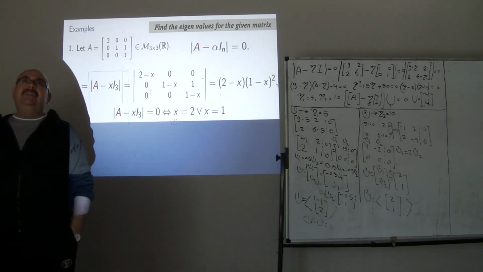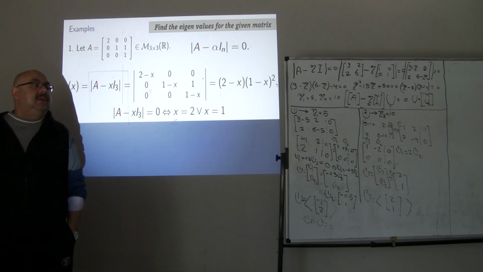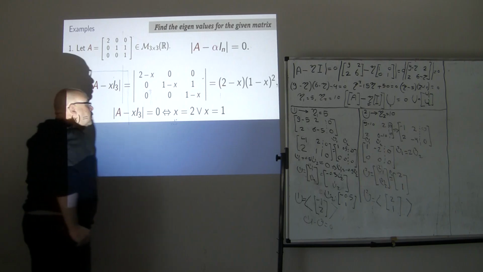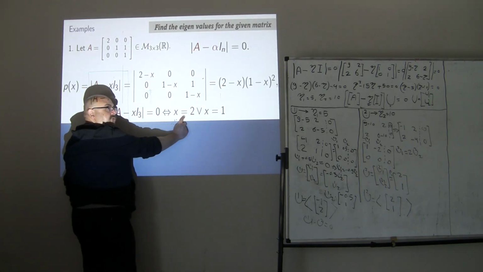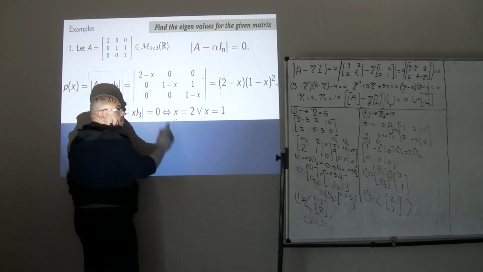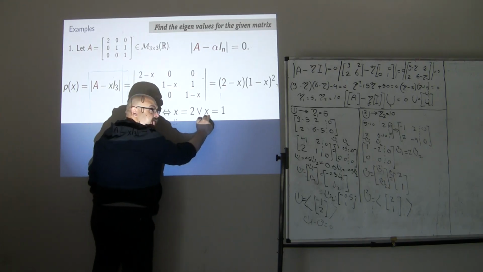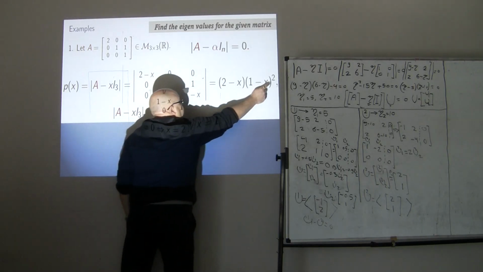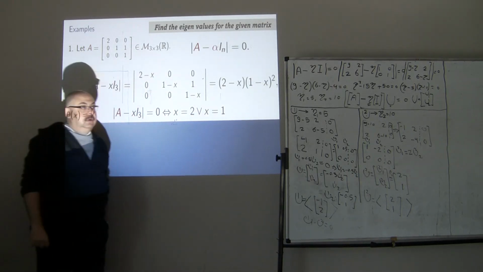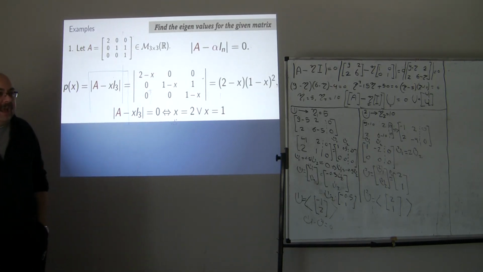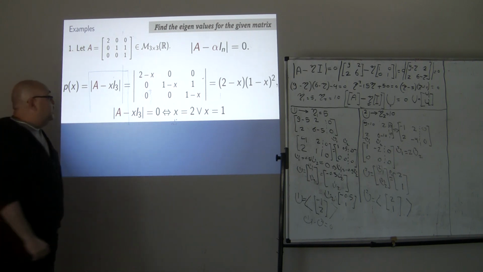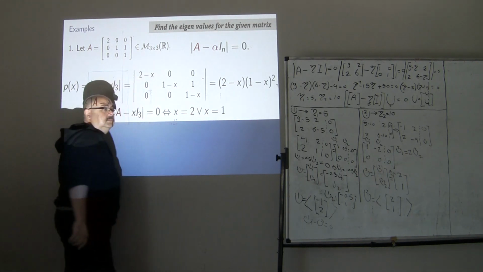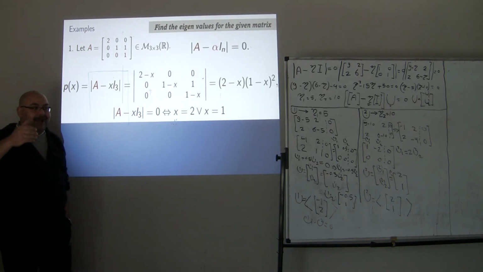Now, what is the algebraic multiplicity for each eigenvalue? So MA for 2 is 1, but MA for 1 is equal to 2, because it is repeated twice. That's what's called the algebraic multiplicity. We already discussed these concepts at the beginning of the vector spaces.